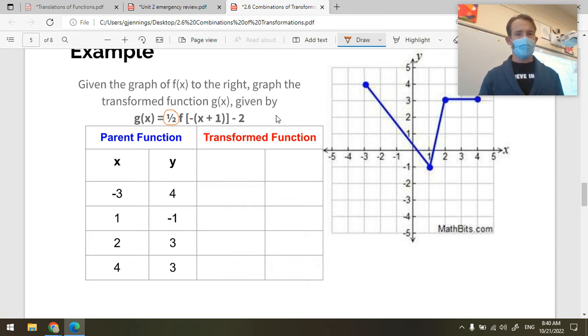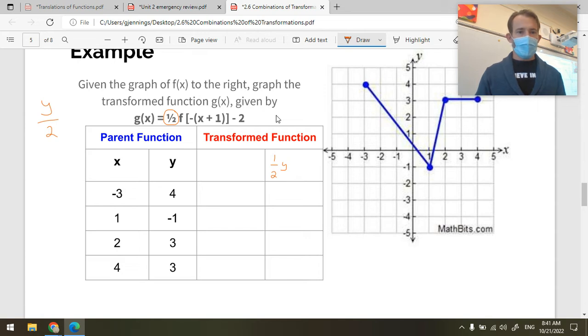This is an a transformation, and it's 1/2. So that's going to affect my y values. So I'm going to be multiplying my y values by 1/2, so 1/2 y. For those of you who are following along and are good with fractions, note that that's the same thing as dividing by 2. Dividing by 2 is the same thing as multiplying by 1/2.